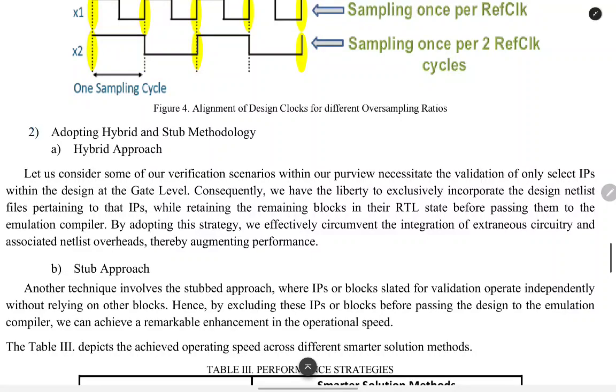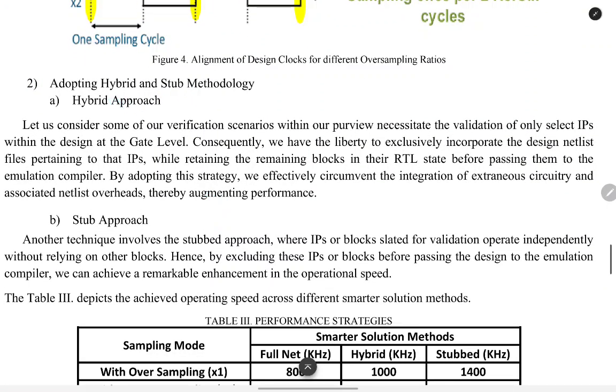2. Adopting the hybrid and stub methodology. Hybrid approach. Let us consider that some of our verification scenarios within our purview necessitate the validation of only select IPs within the design at a gate level.